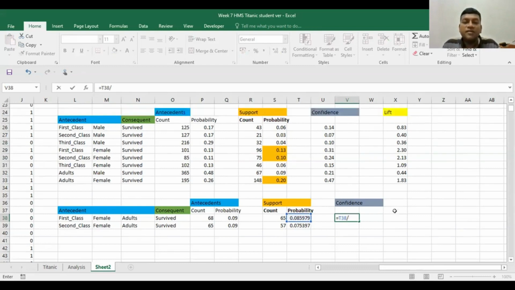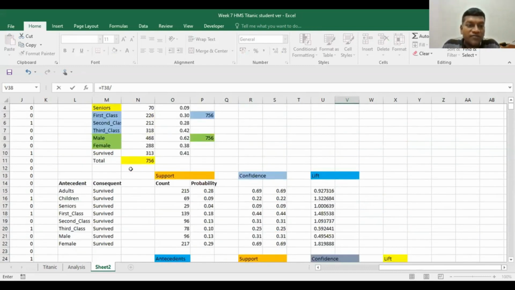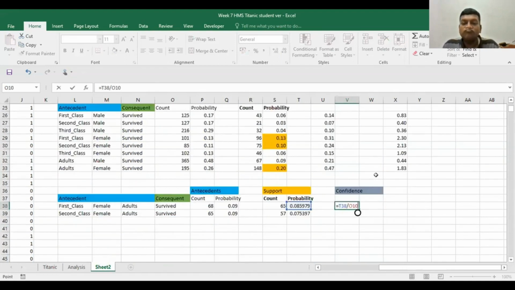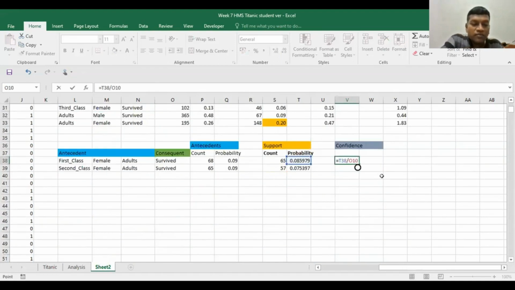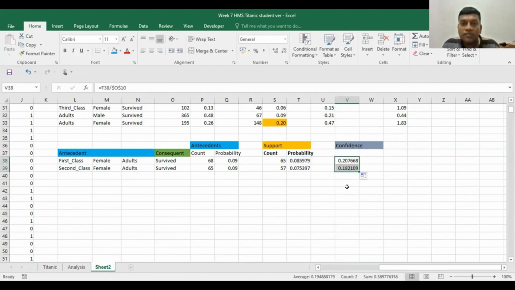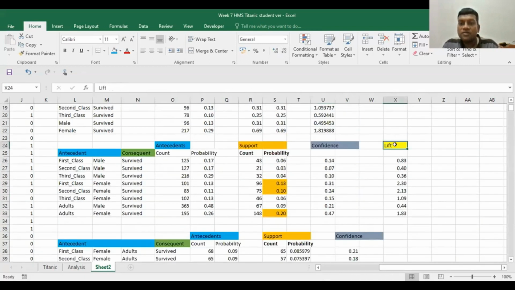This, okay, the survival. Probability of survived, this. Okay, lock it. Filling the decimals.